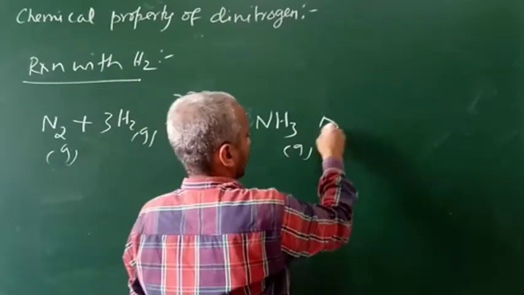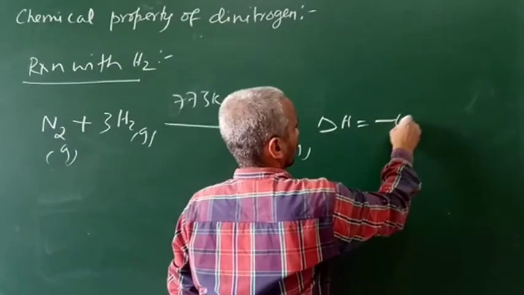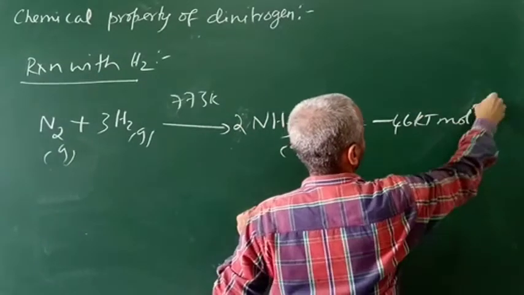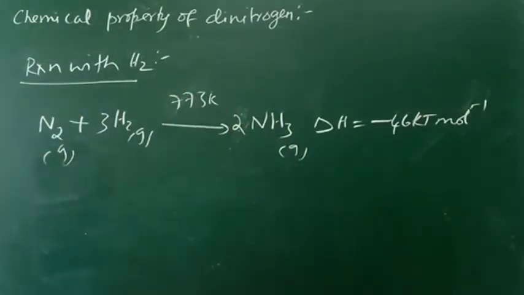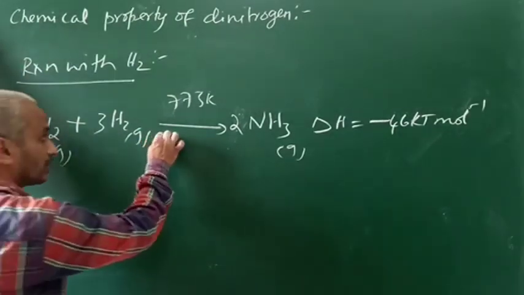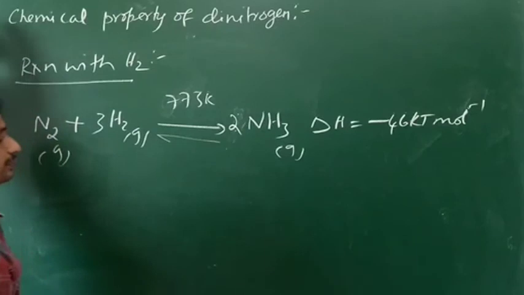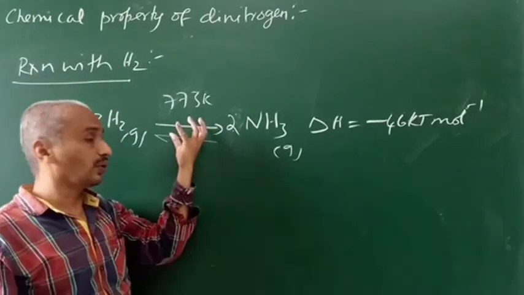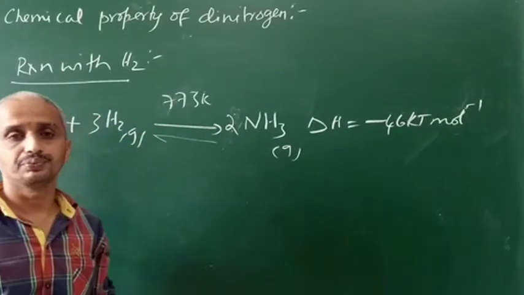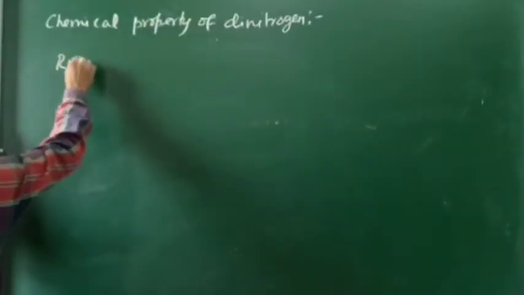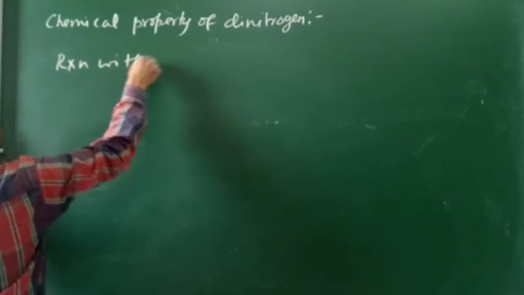And this is an exothermic reaction with minus 46 kilojoules per mole as the energy released. And remember, this reaction is reversible in nature also. So, if your aim is to get ammonia, then you have to change the conditions according to Le Chatelier's principle.